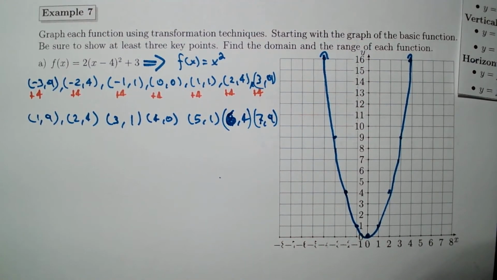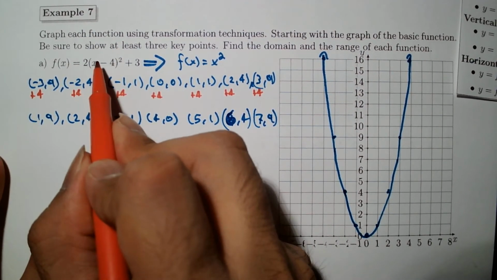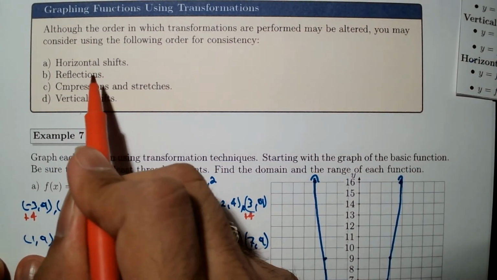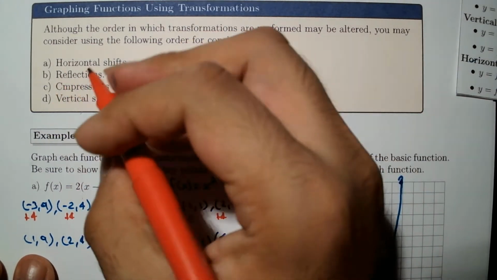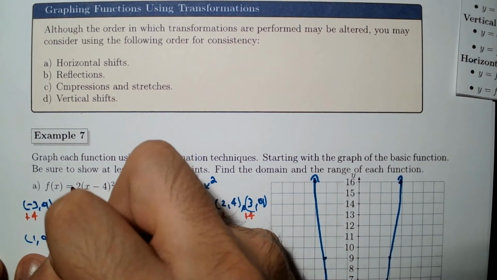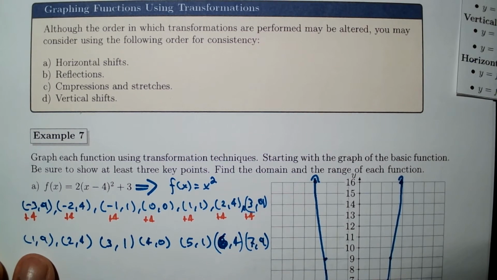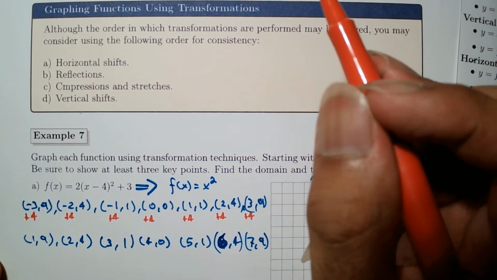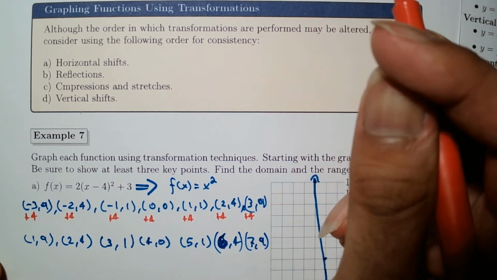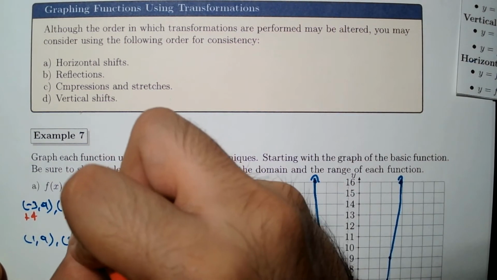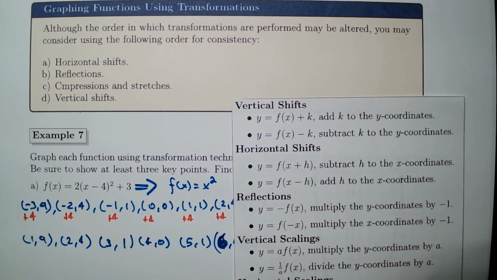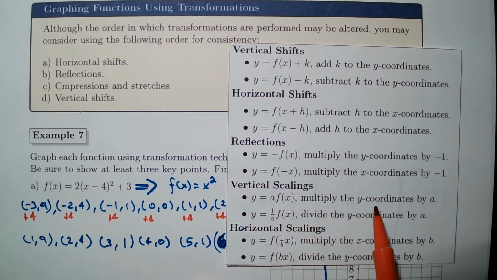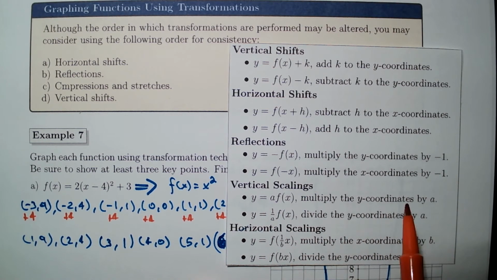Okay. Now the next transformation. In this case we don't have any reflections because we don't see any negative signs multiplying the x's or in front of the function. So we're going to go to the next, which is compression and stretch. In this case we have a vertical stretch, because we have a vertical scaling right here, some number a to multiply the y coordinates by a.